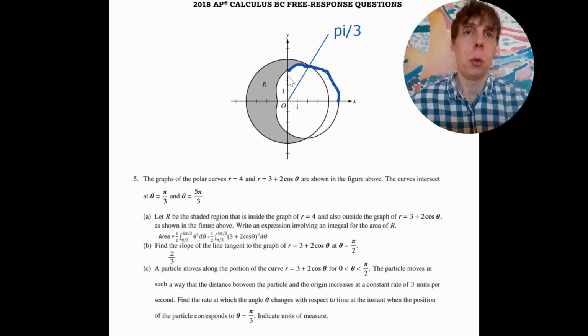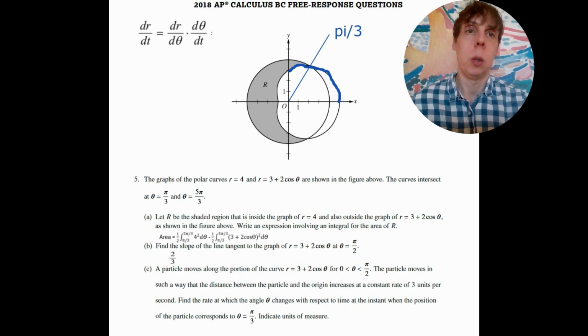That is to say, the distance between the curve and the origin, which is at the center here, appears to become greater and greater as you move along to the left. To connect dr over dt and d theta over dt, we need to think about differential equations. Specifically, we can find dr over d theta by taking the derivative of the cardioid equation, r equals 3 plus 2 cosine theta.